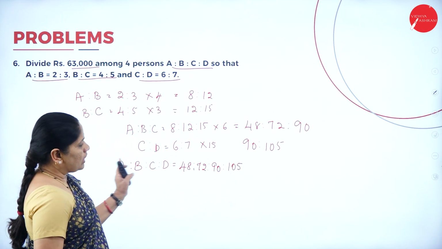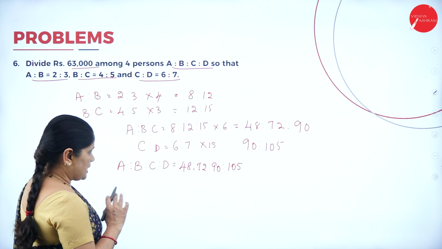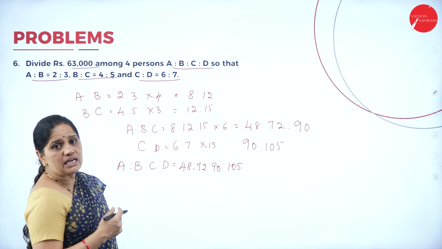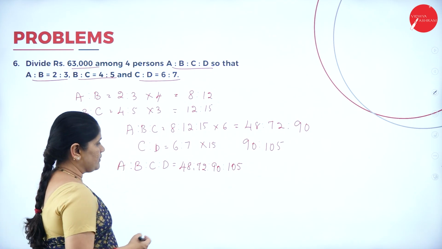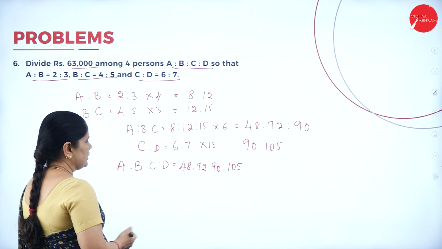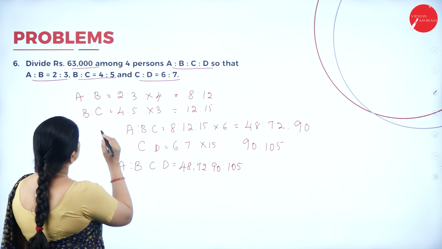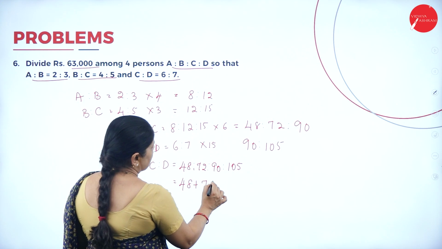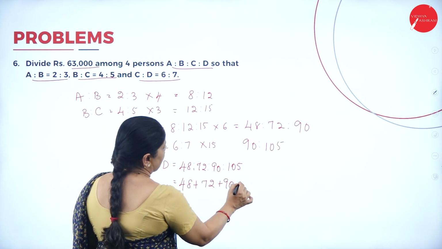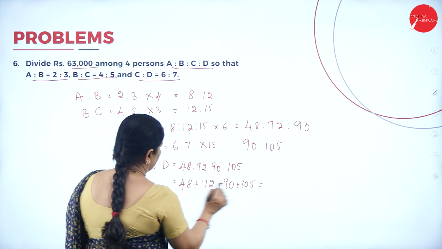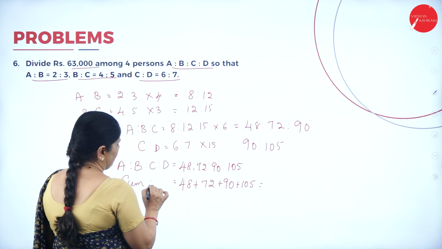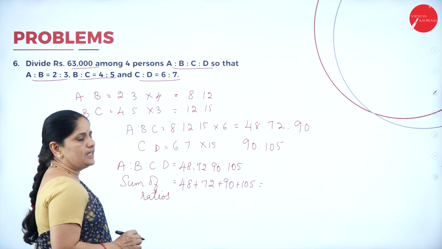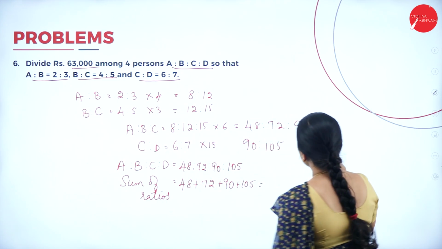Now we have all the ratios which are in same proportion. So now we can just divide the profit whatever is given. So when I add all the ratios, I'll write sum of ratios equals 48 plus 72 plus 90 plus 105.